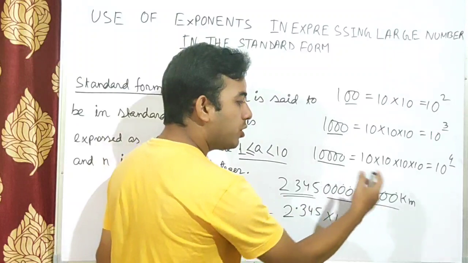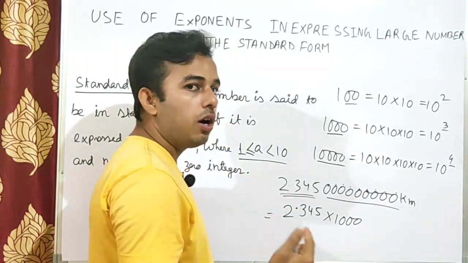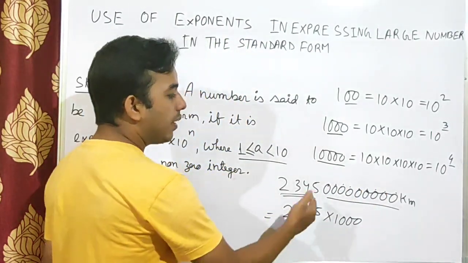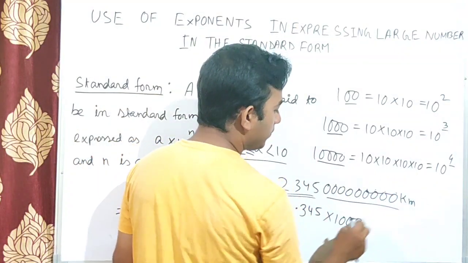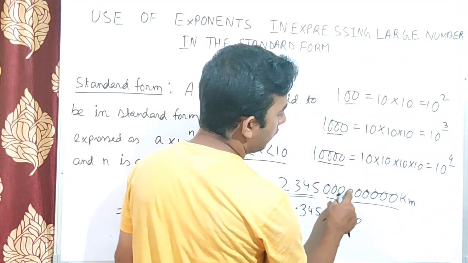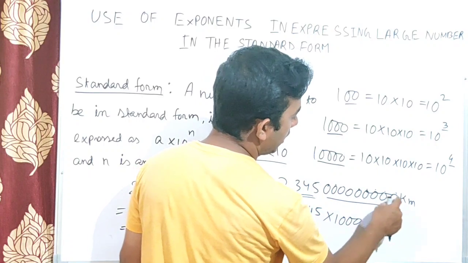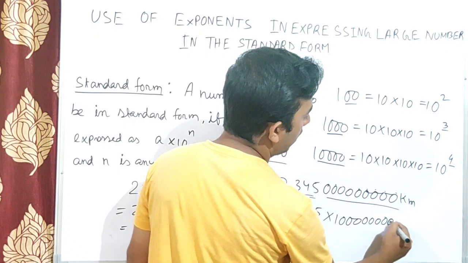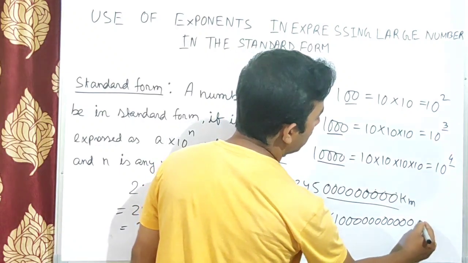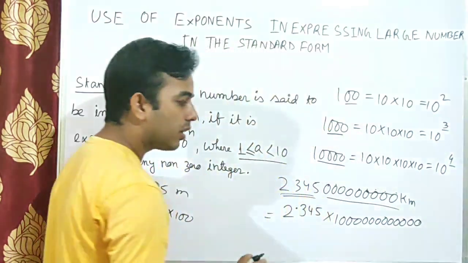So how many more zeros do I have to give to make their value the same? Look, 1, 2, 3, 4, 5, 6, 7, 8, 9. Clear?